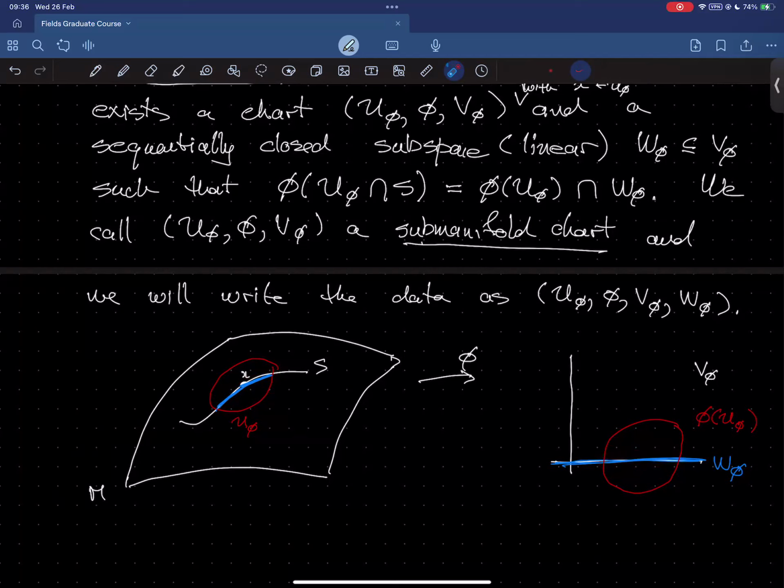So the idea is that in this chart, it takes this curvy thing, S, and flattens it out, in the same way that a chart itself takes the manifold and flattens it out. Now I have a manifold and a subset, and the point is I can find a chart for M which doesn't just flatten out M, it flattens out S. So it maps it into a subspace like this. That's the picture you should have in your mind.